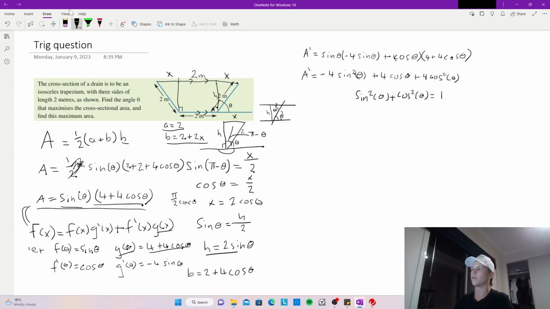So therefore, our sine squared theta will be equal to 1 minus cos squared theta, and we can sub that in for our sine squared theta. So it'll be negative 4, and then we'll have 1 minus cos squared theta, and then the rest of our equation.